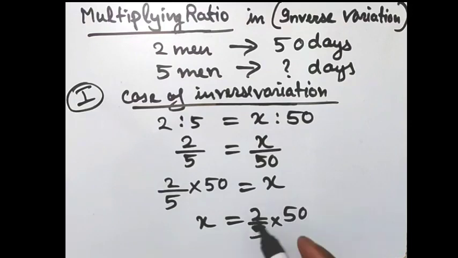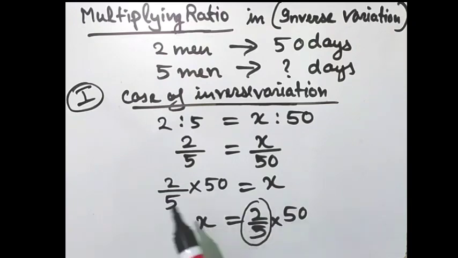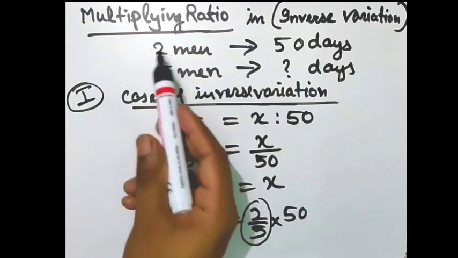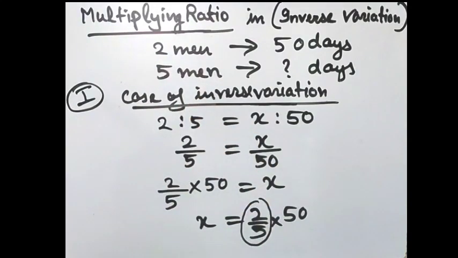Now if you observe here, we are multiplying 2 by 5 to 50. Now 2 by 5 means what? It is the original ratio of the values of the first quantity that is given, right? 2:5. This is 2 by 5. So this is the multiplying ratio. Let's solve this.